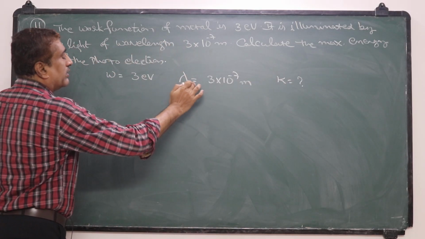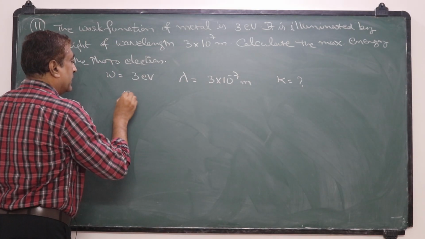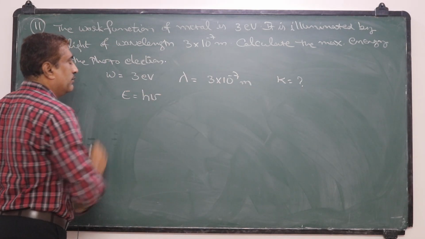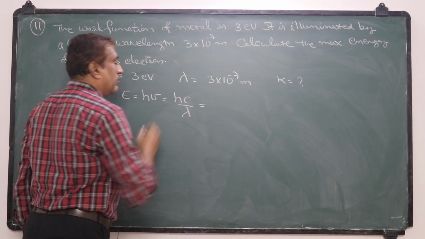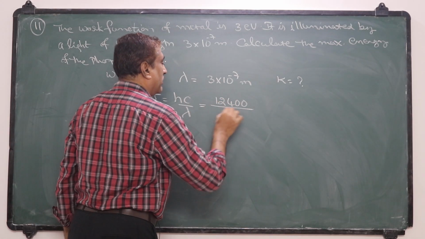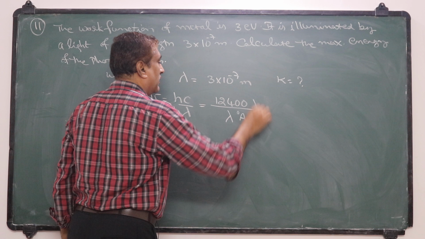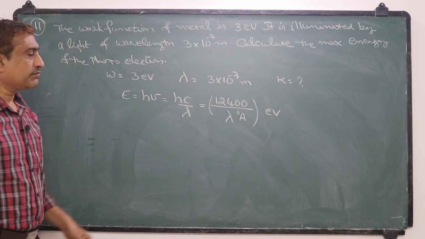Now, if lambda is the incident wavelength, then incident energy E is equal to h nu, that is equal to hc by lambda, and that is equal to, we can directly write, 12400 by lambda in Angstrom. Then we will get the energy in electron volt.